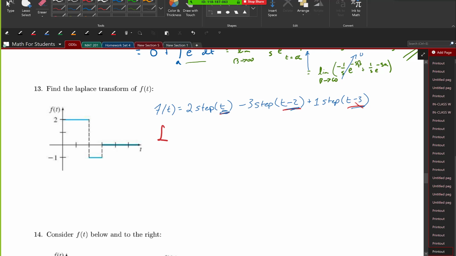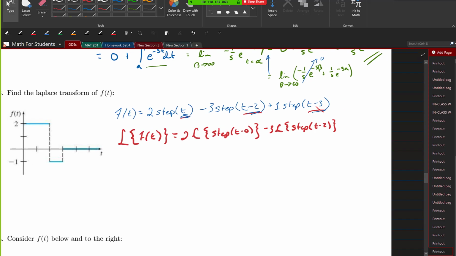The Laplace transform of this is 2 times the Laplace transform of the step function, and here I'm going to just write t minus 0 just to emphasize what that shifting value is, minus 3 times the Laplace transform of the step function of t minus 2, plus 1 times the Laplace transform of the step function of t minus 3.